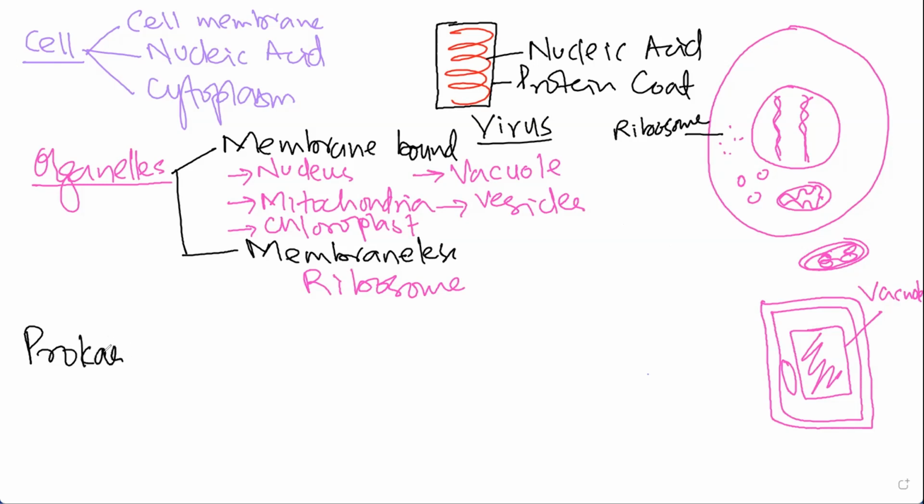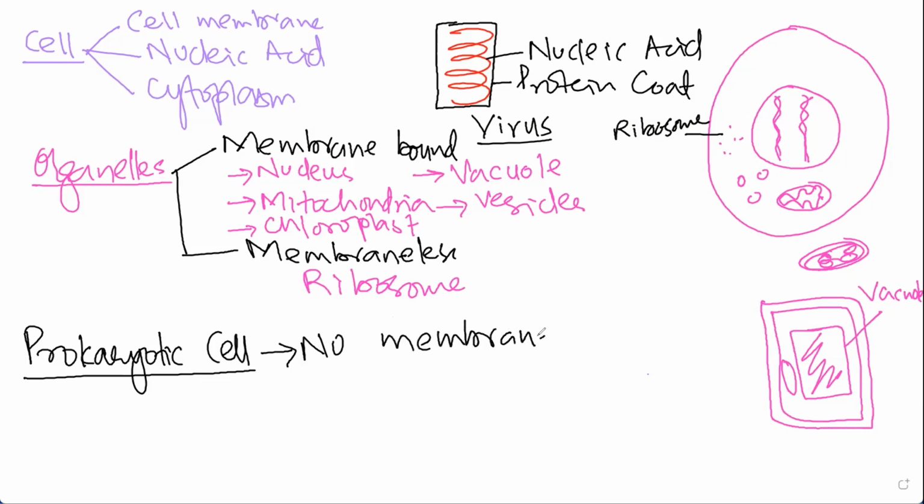One is prokaryotic cell and the other is eukaryotic cell. Prokaryotic cells have no membrane bound organelles. They do have a cell membrane.